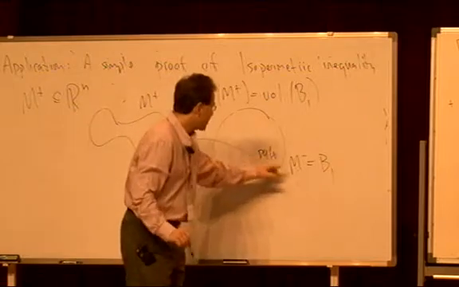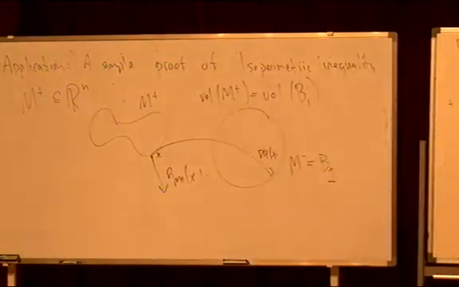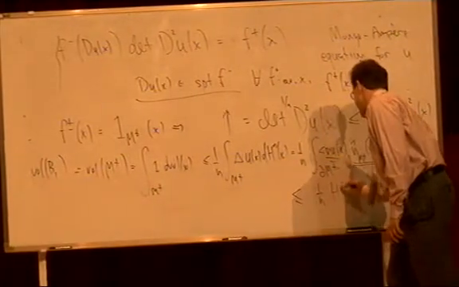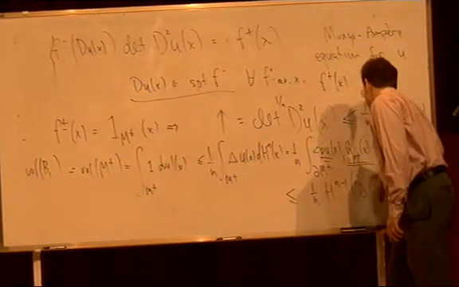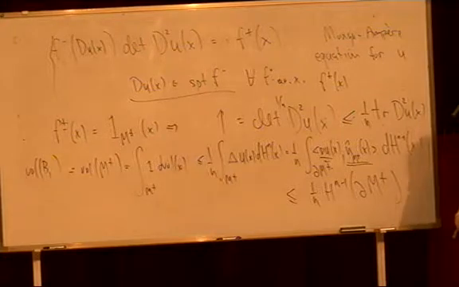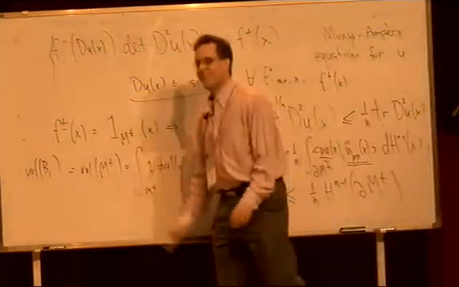So the gradient of u is less than or equal to 1 because this is the unit ball. So that was this condition here. It tells me that this fellow is less than 1. And so the integrand is pointwise less than 1, and so that's less than 1 over n times the perimeter of the boundary of M plus. So now I have something relating perimeter to volume, which is good.